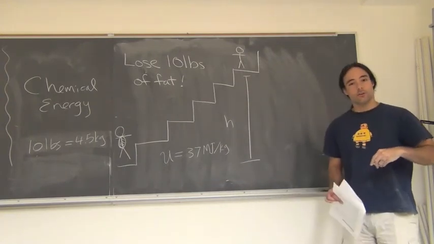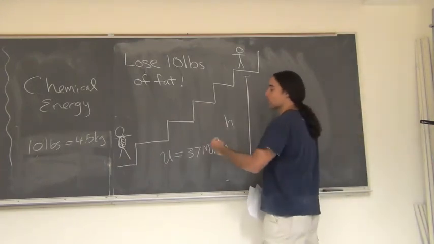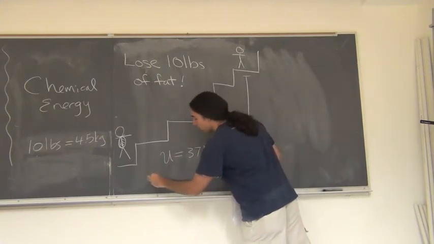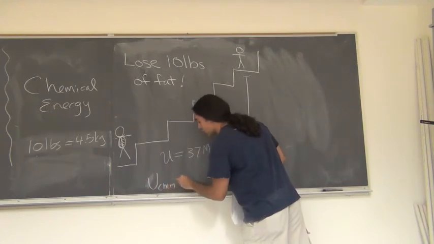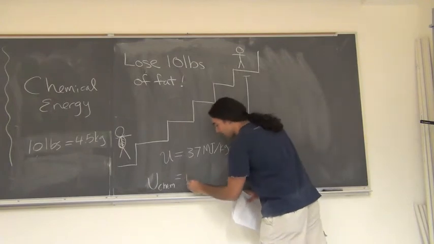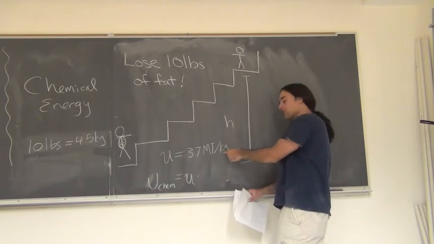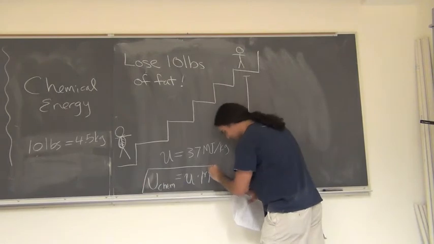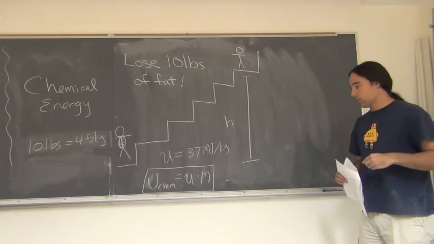So I have to waste that many joules of energy in order to burn that energy off, to eliminate the fat. We're going to look at our chemical potential energy. And to get potential energy out of this chemical energy density, I'm going to take that energy density and I just have to multiply by the mass to cancel out the kilograms. Okay, so this is going to tell me how much energy I need to lose.